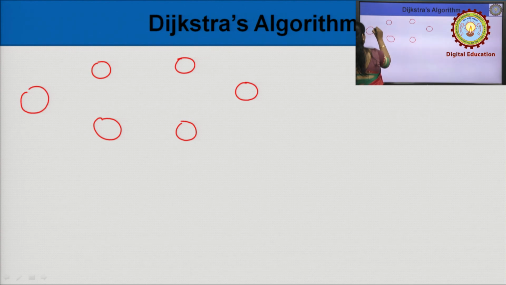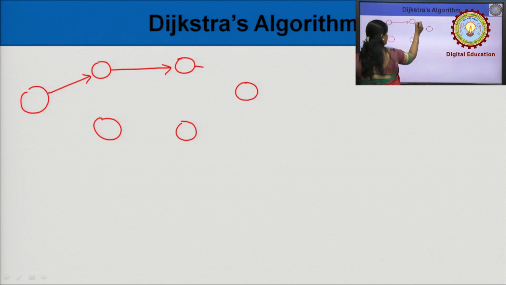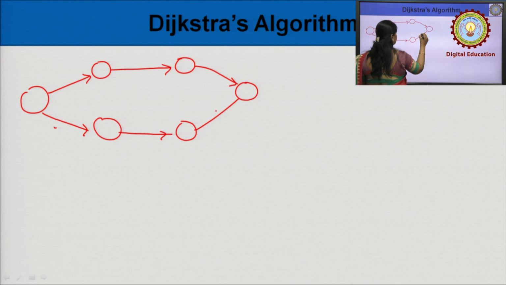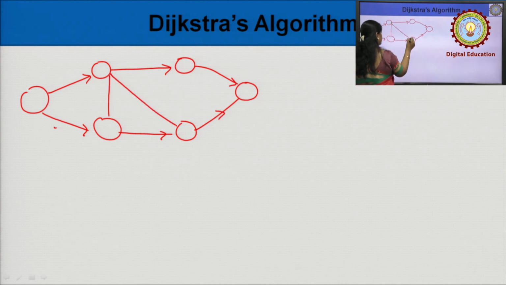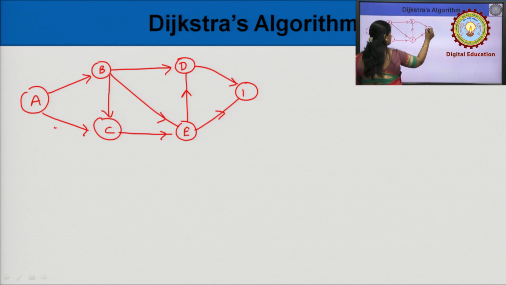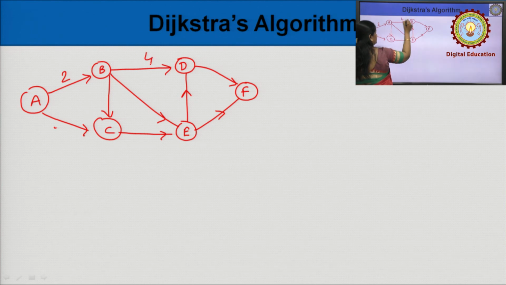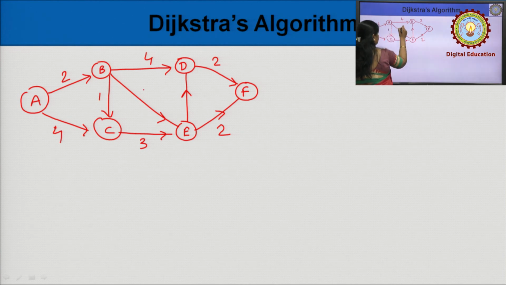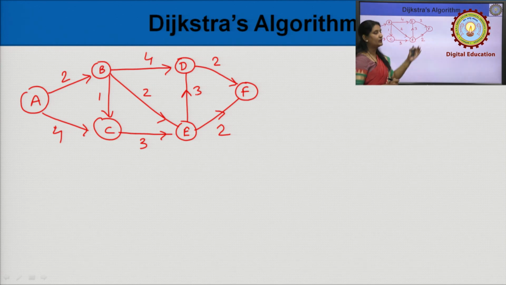to continue with an example. We want to calculate the shortest minimum path from source vertex A to all other remaining vertices.